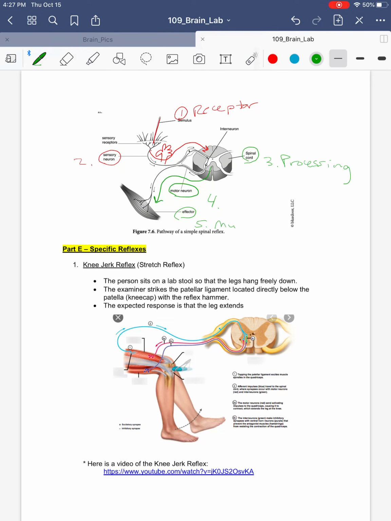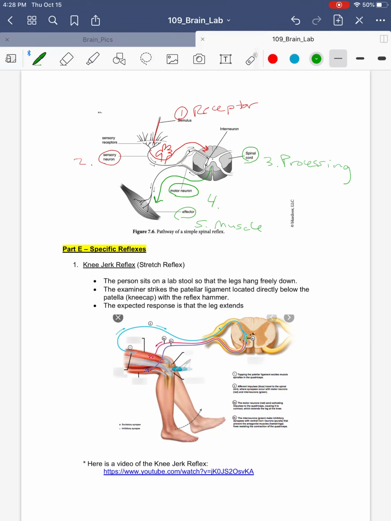This is typically a muscle, and it changes based on what reflex you're talking about. But here, it would be the muscle that pulls your hand away. In the pupillary reflex, it's the muscles that change the size of the pupil. It's the muscle that causes the response.